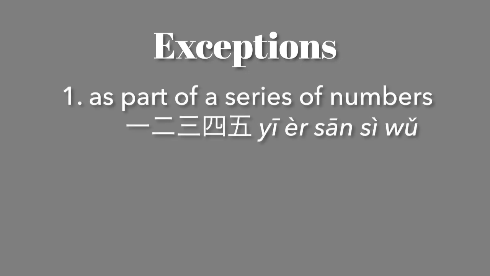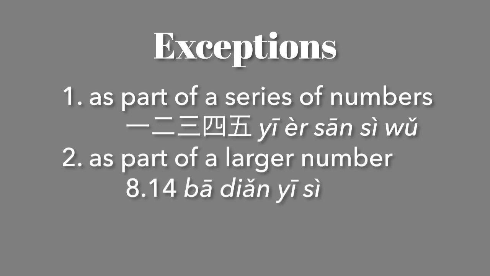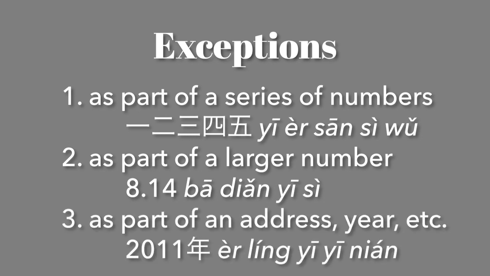When 一 shows up as part of a series of numbers, like 1, 2, 3, 4, 5, right? In those cases, it's pronounced in its normal dictionary tone, the first tone. When it's pronounced as part of a larger number, like 8点14, it also remains first tone. Or if it's part of an address or a date, basically whenever it's used as a number.